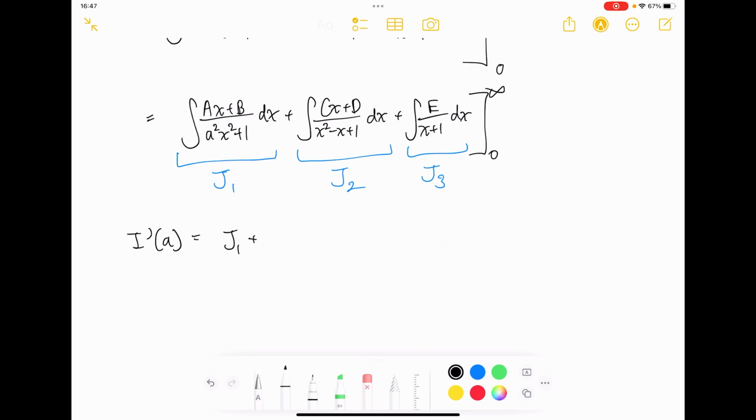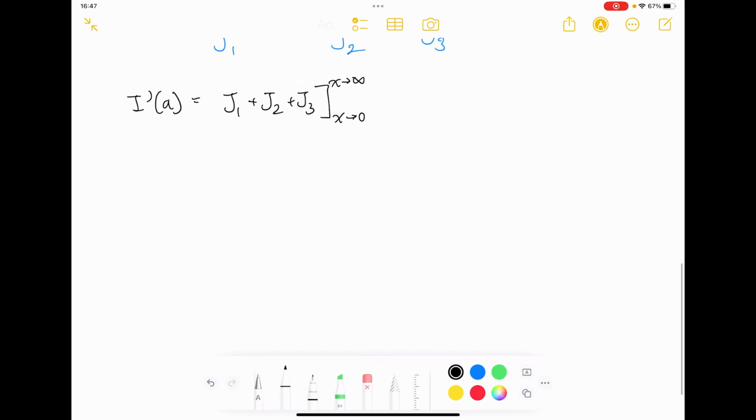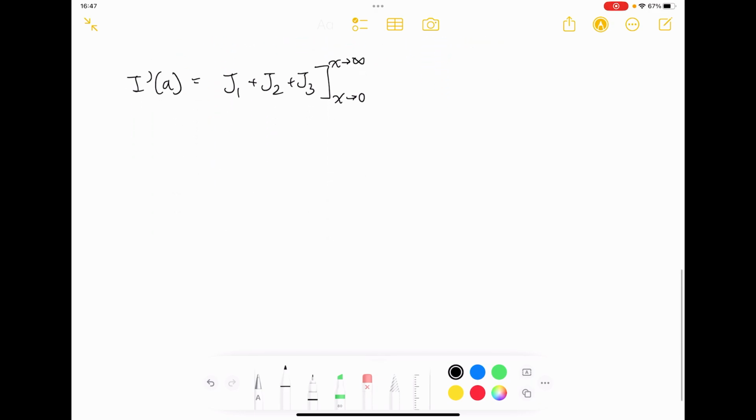But I'm just not going to write J1 of x. Who does that, literally? So J1, J2, and J3, just remember they are functions of x. And these bounds go from 0 to infinity for x as well. So maybe I should really write x to 0 and x to infinity, but that's fine. Yeah, so this is what we're going to do, and let's start with J1.